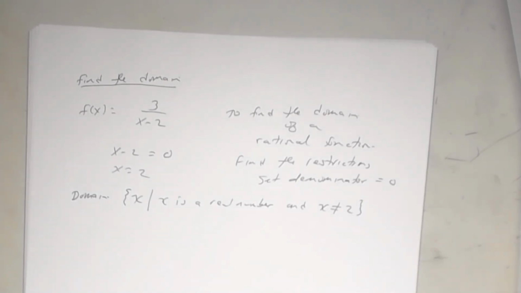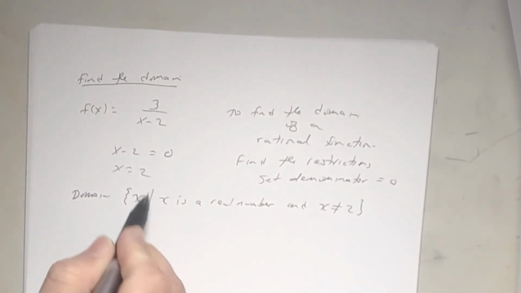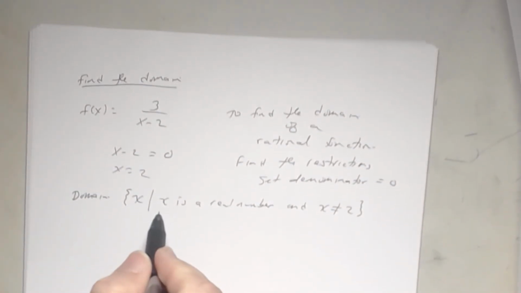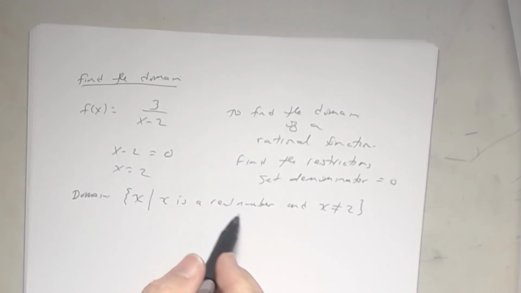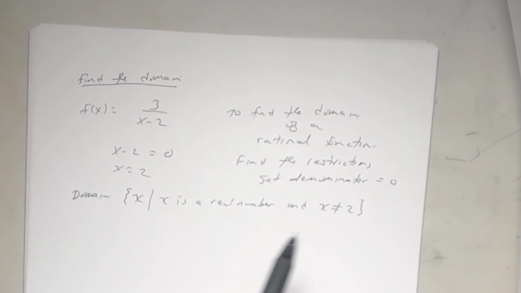You have to write it like this: x cannot equal 2. The vertical line after the first x means such that. So x is any number, but x cannot equal positive 2, because 2 makes my denominator 0.